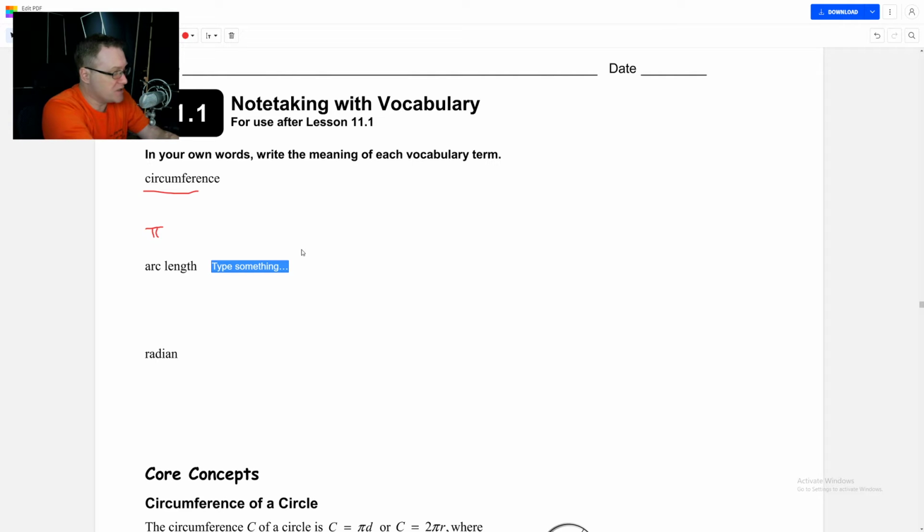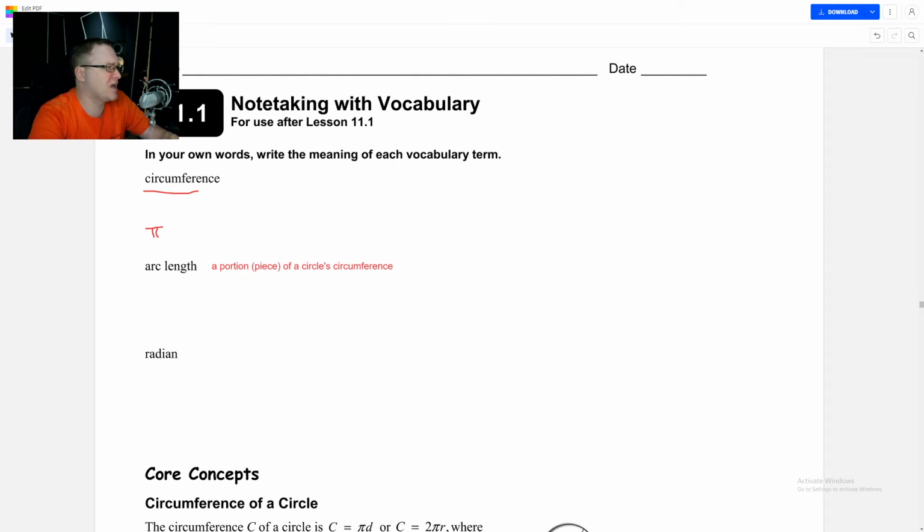Well, arc length is just a portion, which portion is just another word for piece, of a circle's circumference. We learned about circumference yesterday. Arc length is just a piece of the circumference.